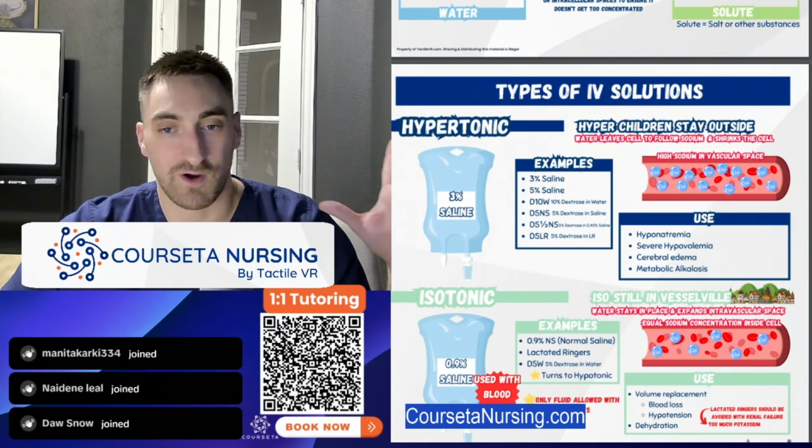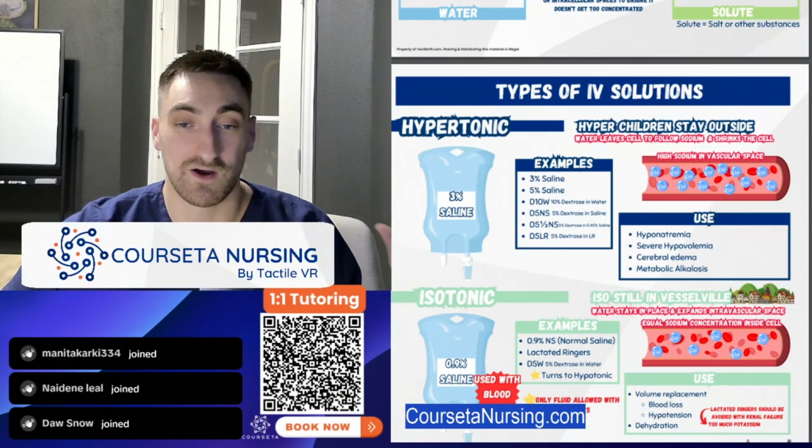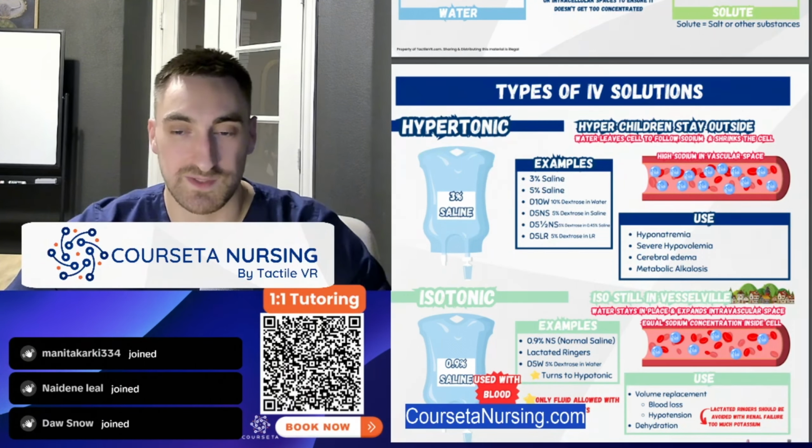The water that is sitting in the cell is now like, oh, okay, the sodium's high in the vascular space. We need to leave the cell and go to the vascular space to balance the water and sodium levels out. So now the cell is left dehydrated, technically, with low amounts of water, and it reacts by shrinking.